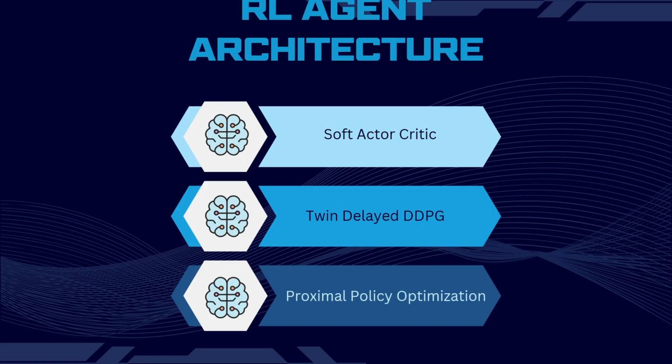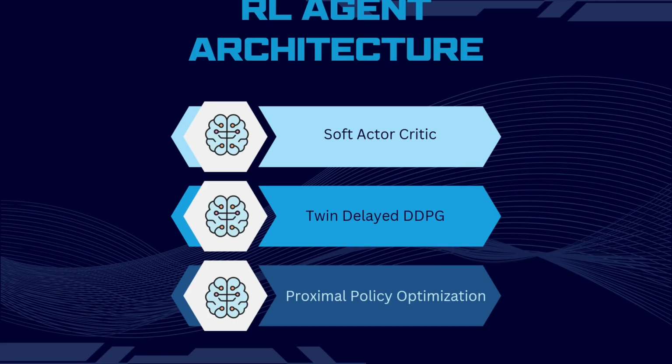Similarly, when we chose twin delayed DDPG, it has a very good tendency of stability. It uses two different critics to double check the work. That's why twin delayed comes into the picture, and it delays the updates to ensure that learning doesn't become jittery.